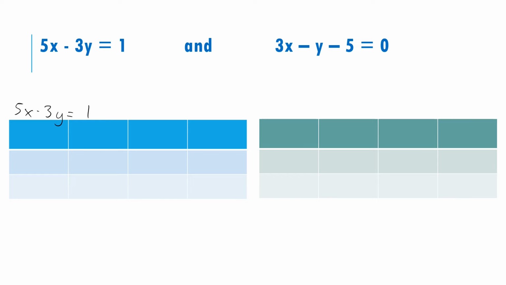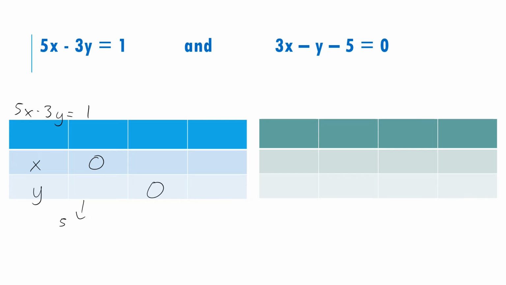As in the previous slide, just write x, y, and put 0 as x, put 0 as y, and the other point we will look at later.